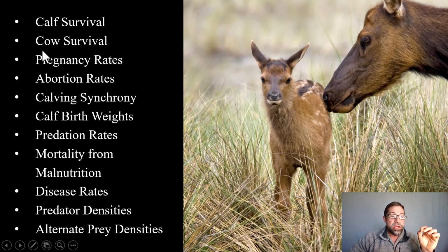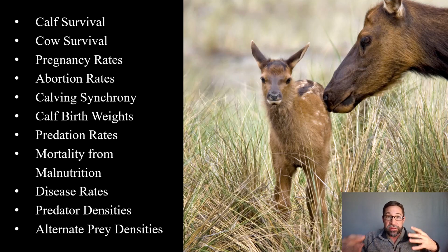We also radio-marked cows to estimate their survival and to assess pregnancy rates. So we did this in 2 ways. One, by looking at the blood serum of radio-marked cows, and then also by sampling fecal progesterone levels.